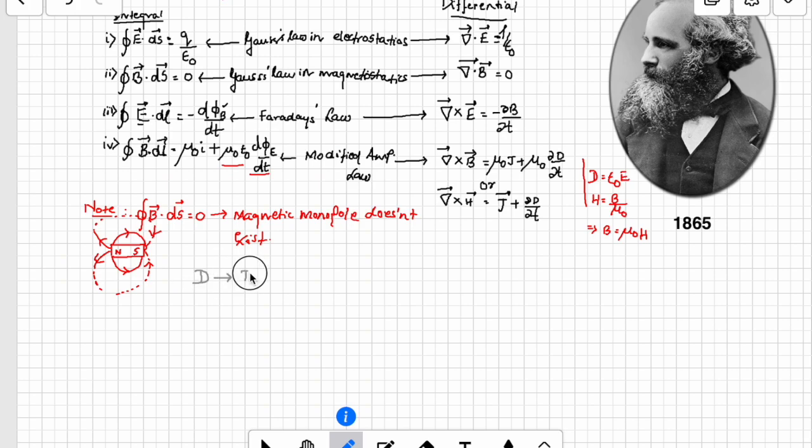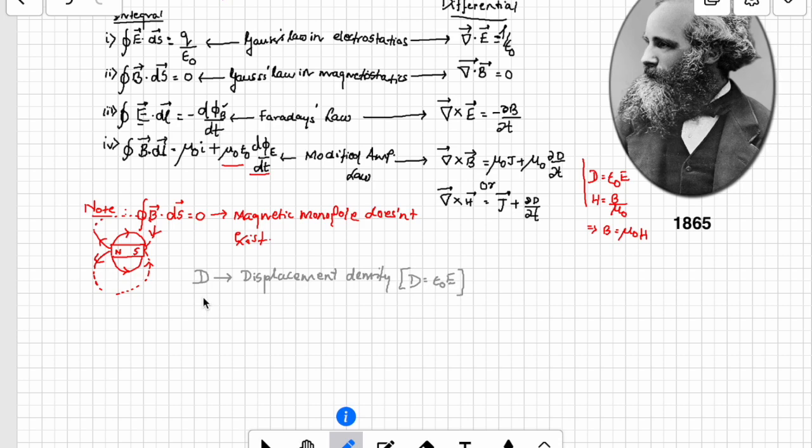Let me begin with D. This is nothing but the displacement density. It is connected with the electric field, and I term it the displacement density. As I said, displacement density is equal to epsilon naught, the permittivity of free space, times the electric field. So that's the displacement density.